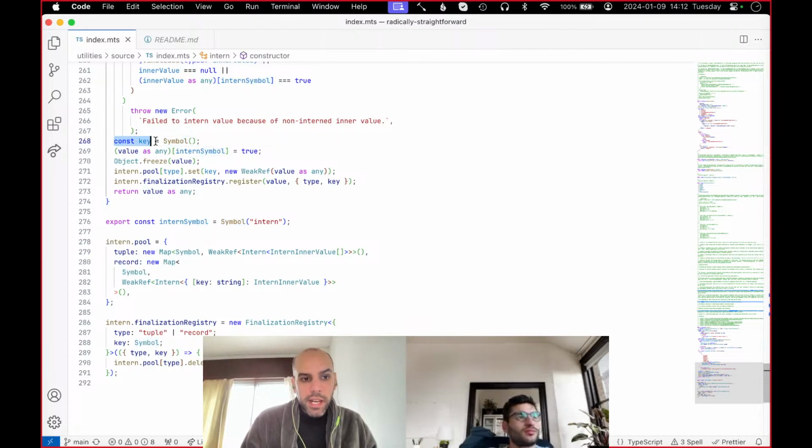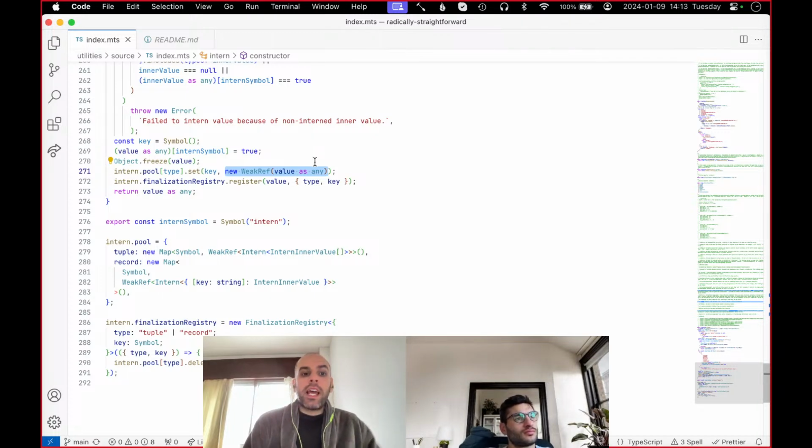So every time it's a cache miss, so it's a new value that I'm interning, this is the code that is going to do that, I create a new symbol. A symbol is guaranteed to be unique. So this is a new key that has never been seen and it will never be seen again in the JavaScript runtime. The key of my map is this key, and the value is the weak ref with the value that I wanted to wrap.